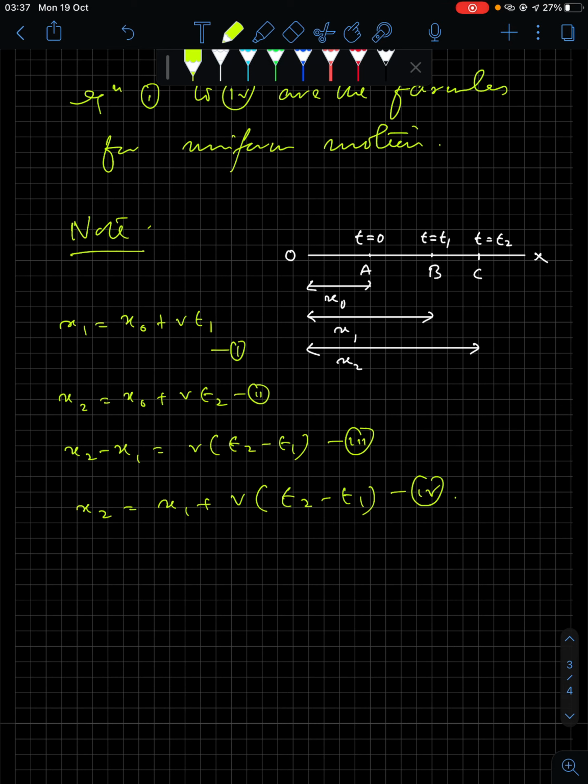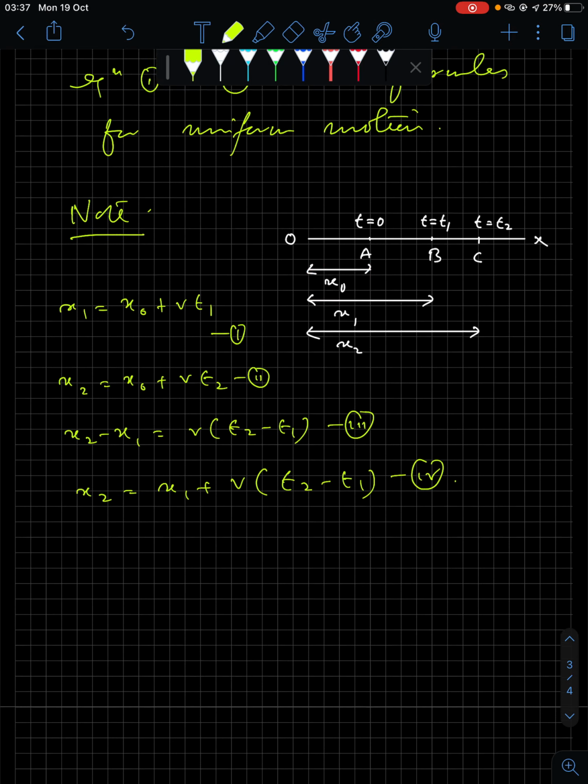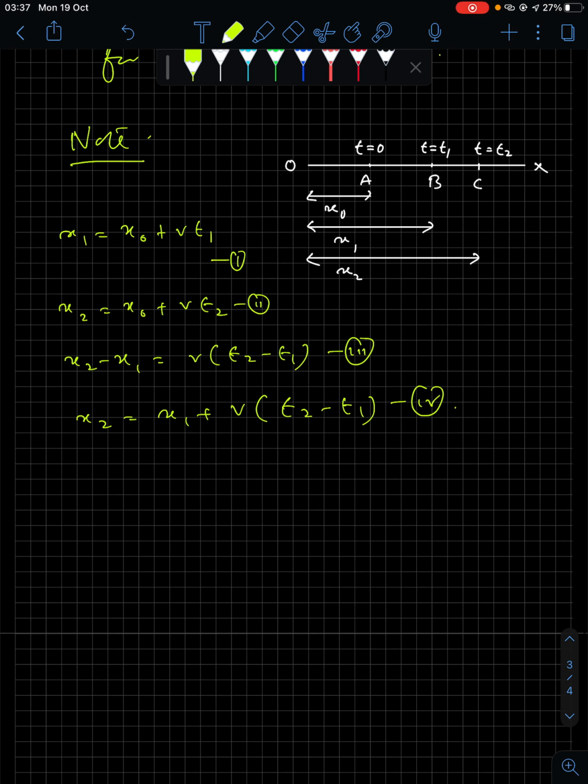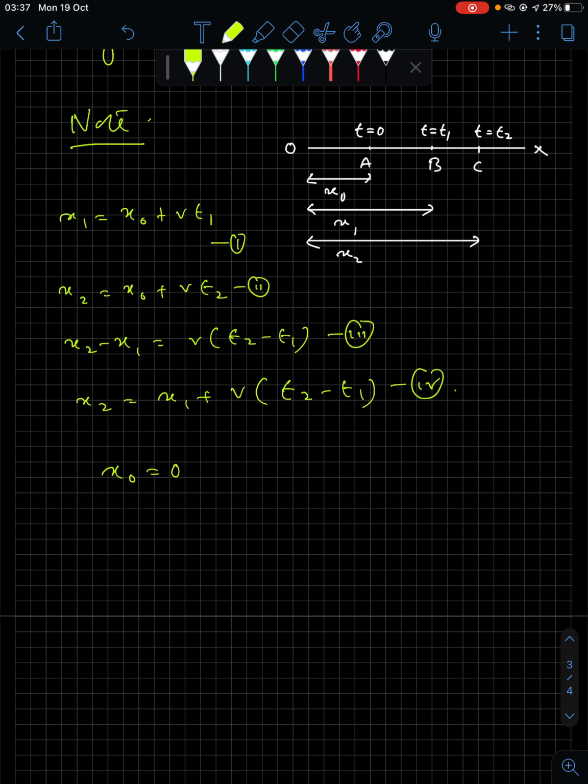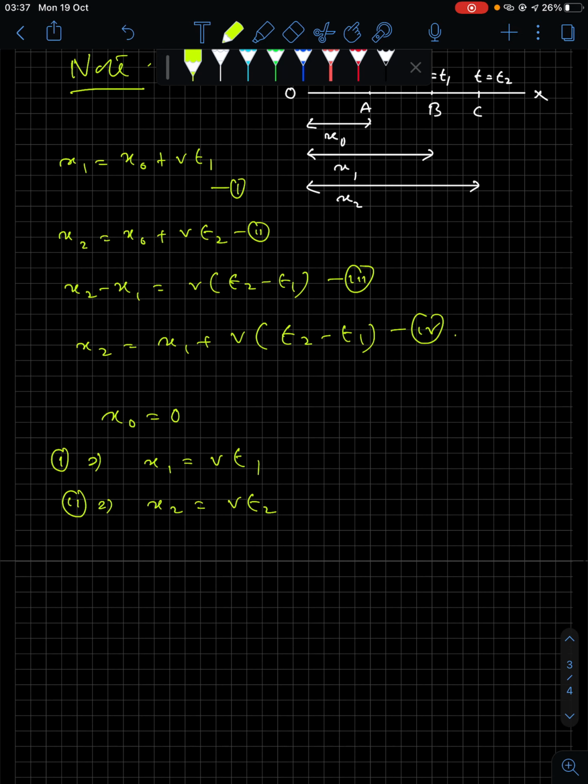Now if the event started right from your home, right from the origin, in that case this x0 value would become 0. So if x0 is 0, equation 1 would become x1 equals vt1. Equation 2 would become x2 equals vt2.